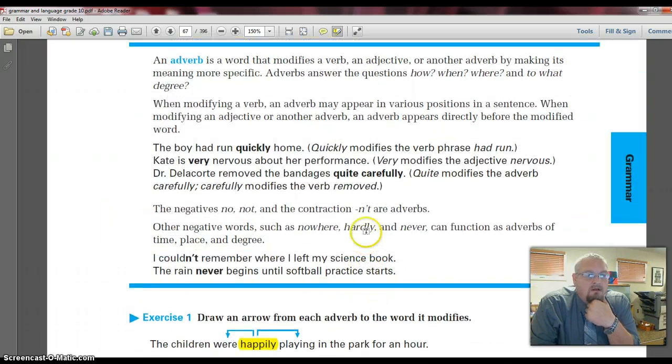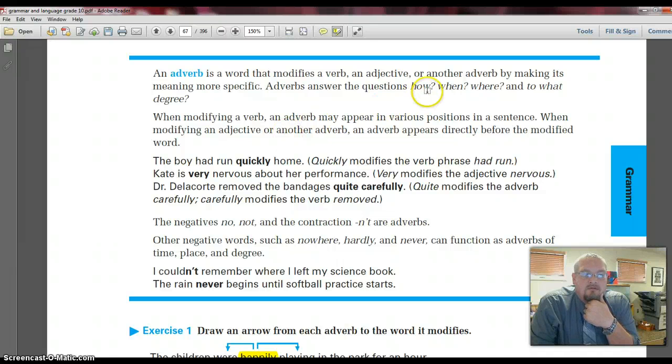Because remember, an adverb answers the question: how, when, where, and to what degree. So you find the verb and you ask, how did the verb? When did the action?